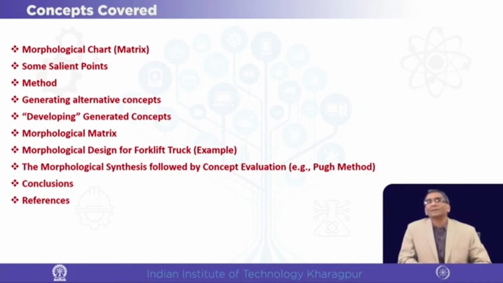Then the generating of alternative concepts and developing generated concepts, morphological matrix, and then we will discuss a case example with a forklift truck, which perhaps you might have seen, or you might have seen the video if you have not visited any factory as such.